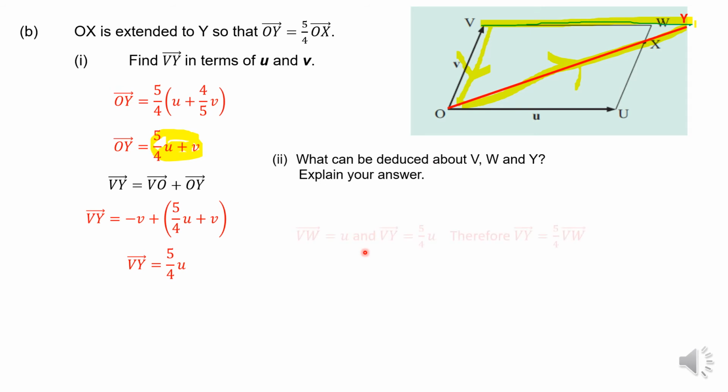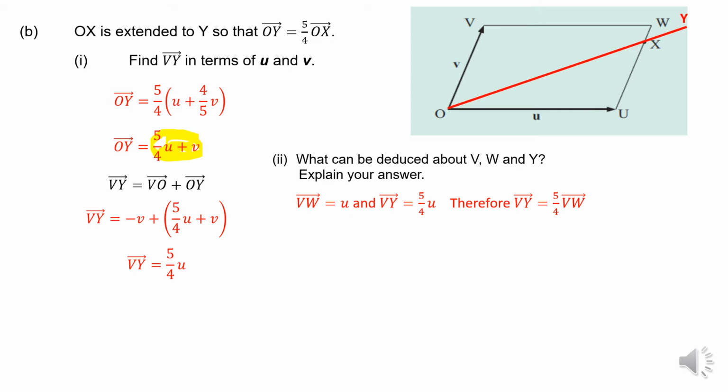So what can you deduce? We have got VW is equal to U. So we can use our knowledge from our diagram. We know that this here is vector U, and we know that this little part all the way represents 5/4 of U. So that means VY is equal to 5/4 of VW.